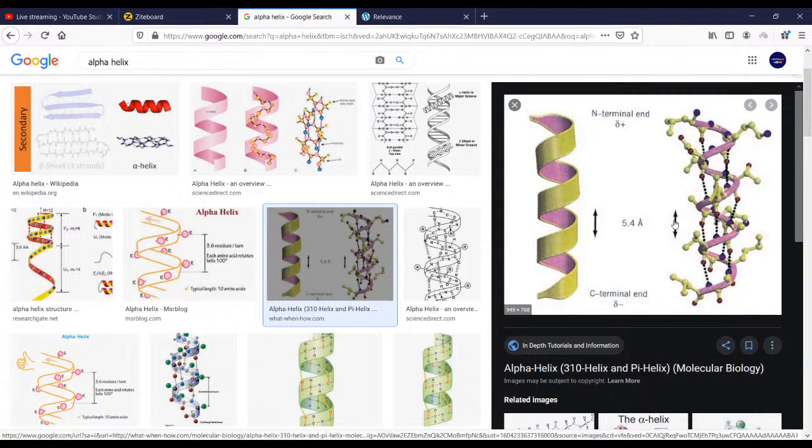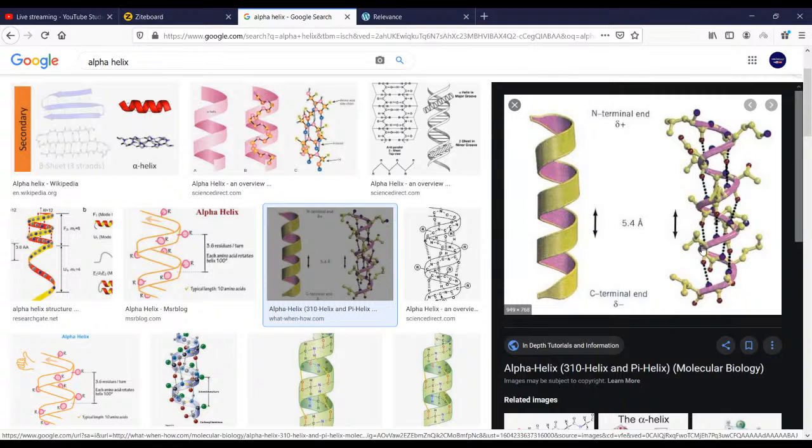So what happens is alpha helix is a single polypeptide chain first of all, which is trying to fold upon itself. Once it is trying to fold upon itself, the alpha helix structure repeats every 5.4 angstrom.